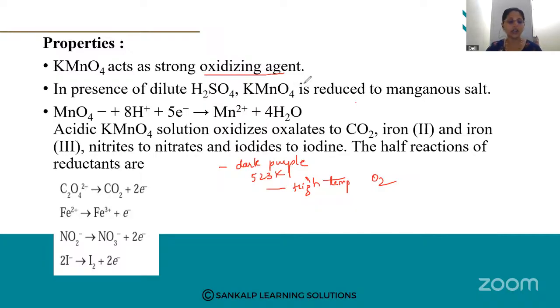The oxidizing character of KMnO4, or to be more specific, the MnO4 minus ion, is indicated by its high reduction potential value. It is very high. Let me show you the acidic medium.